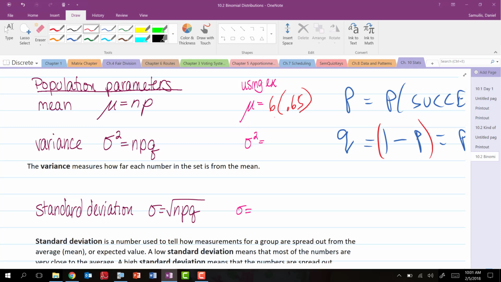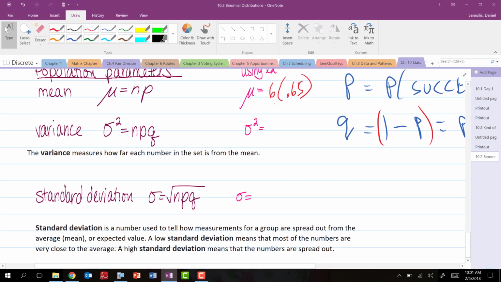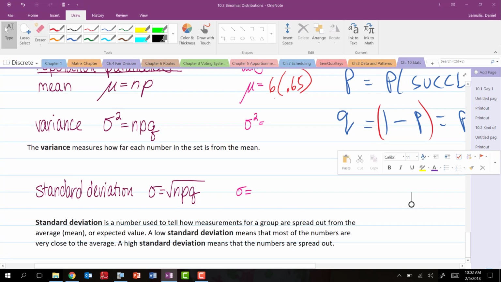Before I wanted to go over these formulas, because we're going to go into this more, standard deviation is going to be huge all the way till May. We're going to be in and out talking about standard deviation and what it is and try to get a good feel for it, both you and I, being honest. It comes from variance. What I pulled off the internet this morning, variance measures how far each number in the set is from the mean. I think in an average sense.